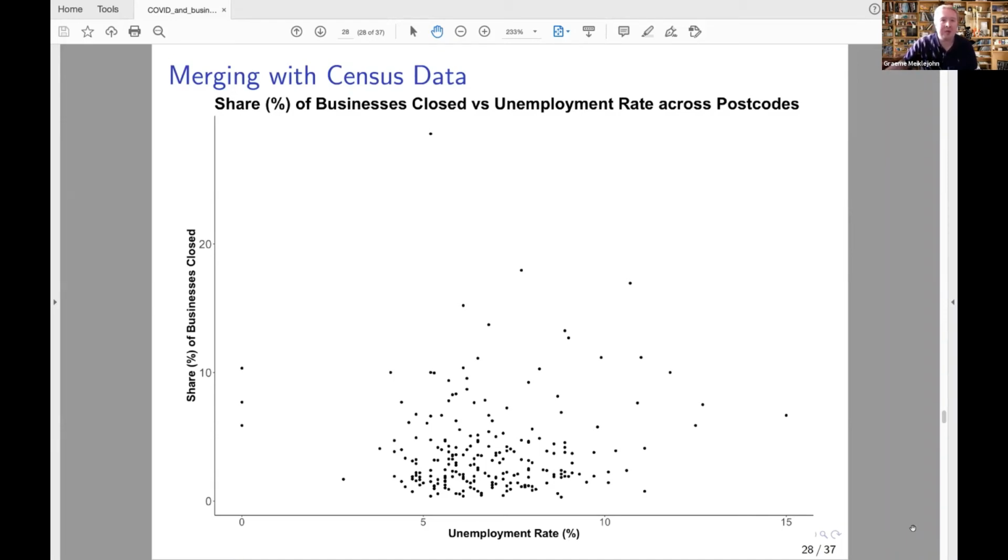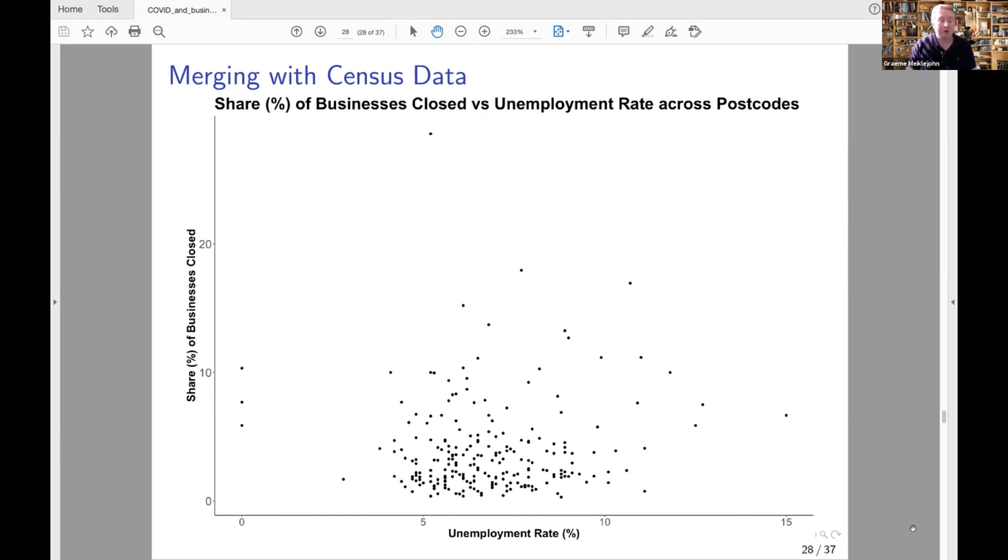There's maybe some evidence that would support some of the theories that those areas in the economy who historically have higher rates of unemployment, and thence maybe slightly worse off, or higher levels of deprivation, may have been marginally more exposed or hit hardest by COVID. There might be some evidence there, albeit, you know, low sample size, etc. I don't want to make any too strong conclusions at the moment.